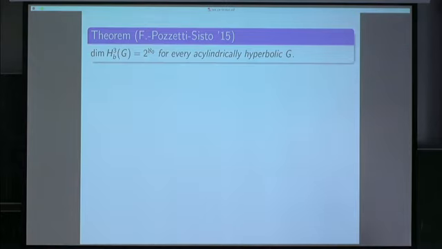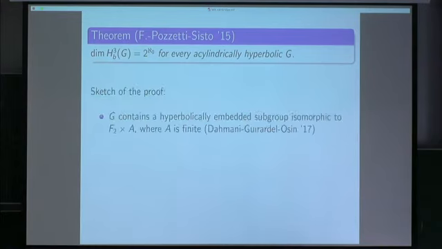And some years ago, two years ago, we generalized this to acylindrically hyperbolic groups with Beatrice Pozzetti and Alessandro Sisto. I'm not going to speak about this theorem today, but let me describe the proof, because it will be the same strategy that I'm going to describe for the new theorem we have now.